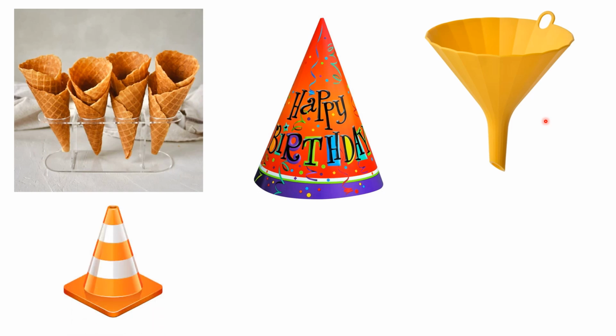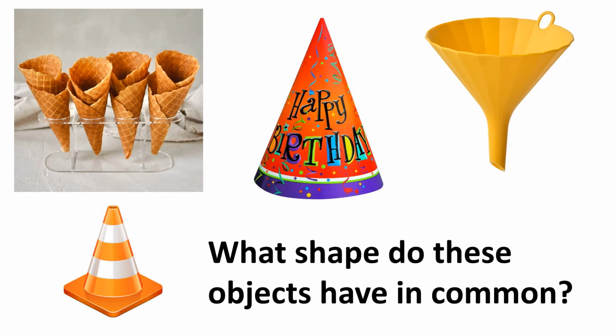And lastly, we have a traffic cone. So these are examples of real life cones. What shape do these objects have in common? Okay, so all of them are examples of a cone.